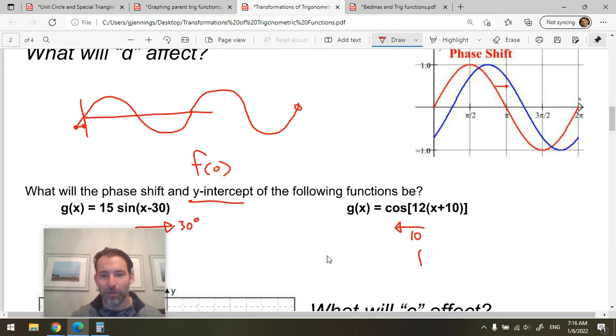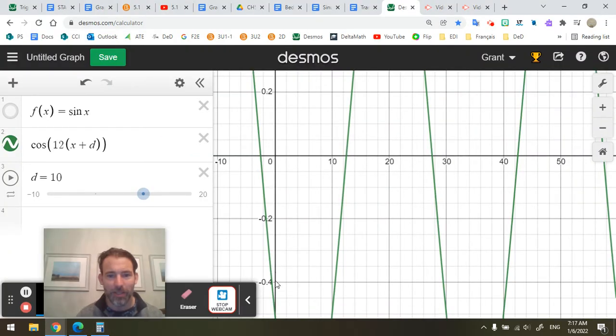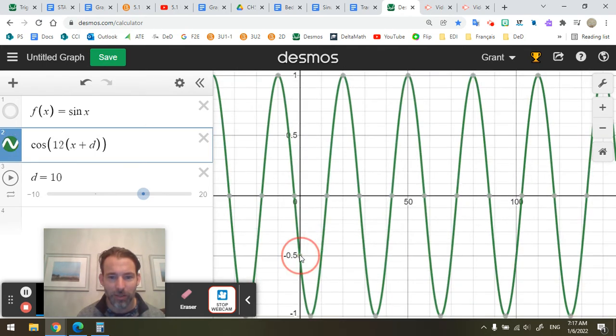And it's now g at 0 is equal to negative 1/2. And why was that? Well, because it's like going negative 120. And we see that down there. Zoom out, you see it down there. There's the new y-intercept for this function.